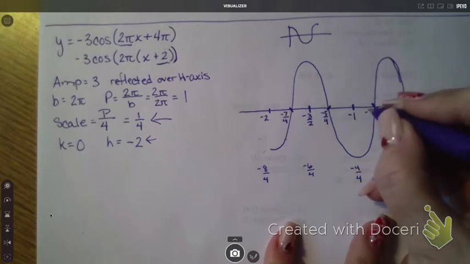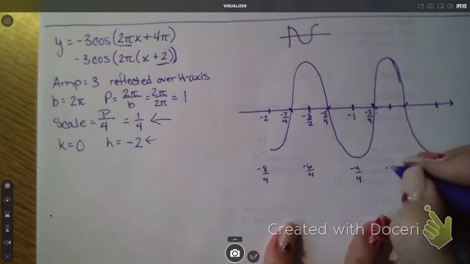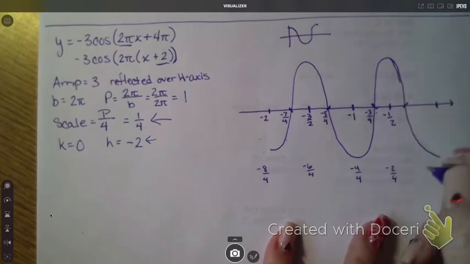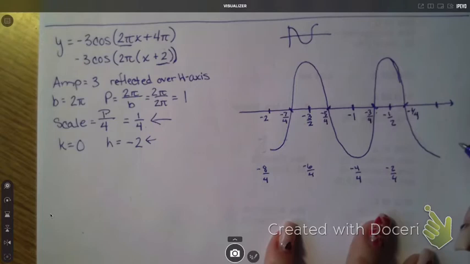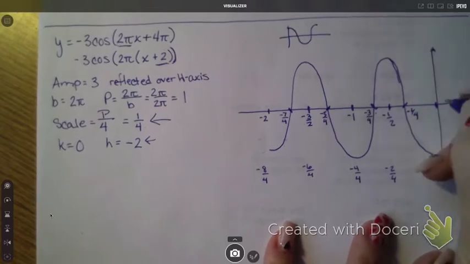And then negative 2/4. And then negative 1/4. And then 0. So now that's where the y-axis is. I'm going to put my y-axis right here, carry it up a little bit, and put 0.